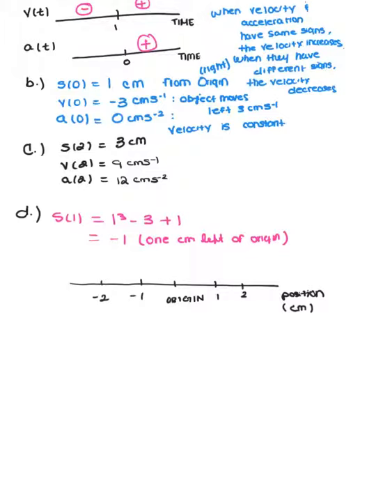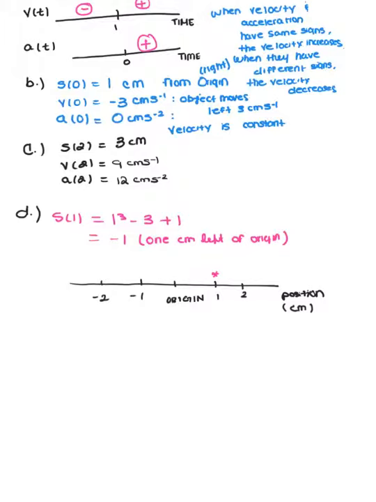So where does our object begin? At 1. So here we are. Here's our object, right? 1 to the right. Yeah? And then what happens to our object? Does it start going to the left?